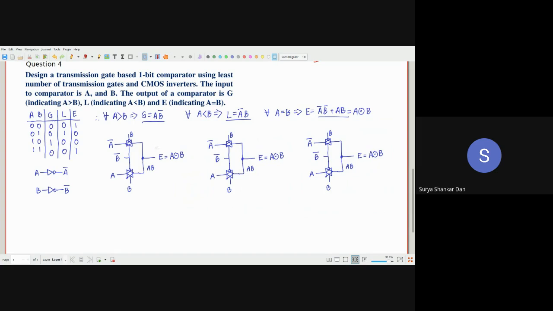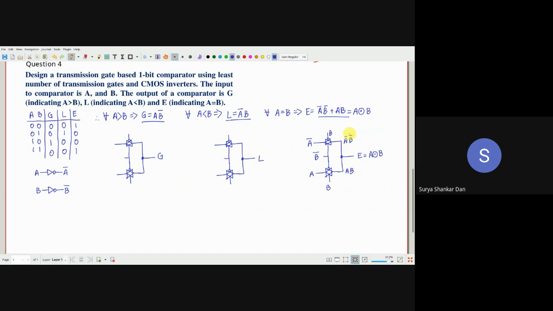Okay, it's the same principle everywhere. You can write here, this is AB. This is A bar B bar.